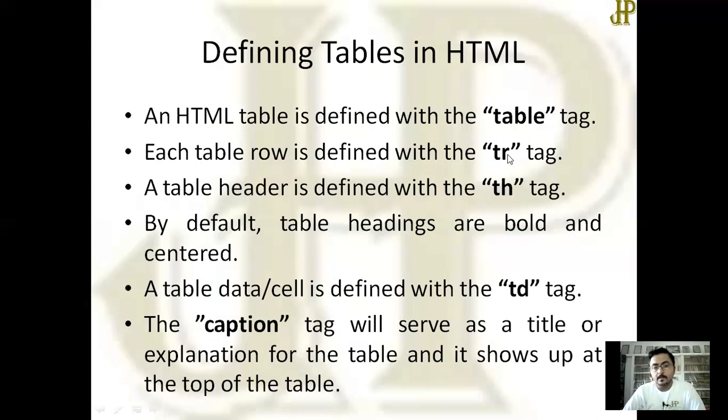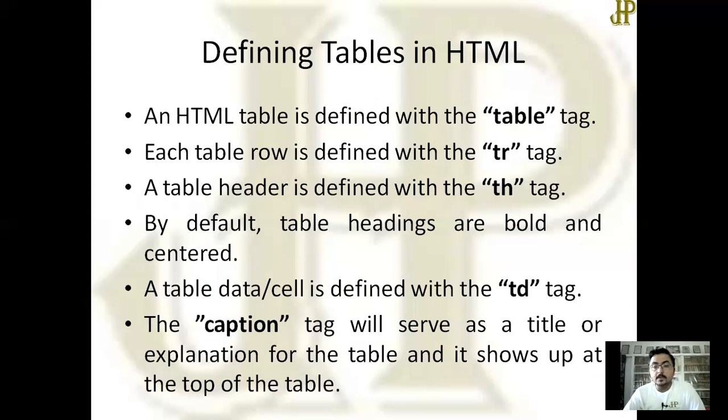Okay. Now, you have always seen that a table has a heading. What does it mean? It means the first row contains the column names. Okay, like student phone number, student name, student class, and so on.